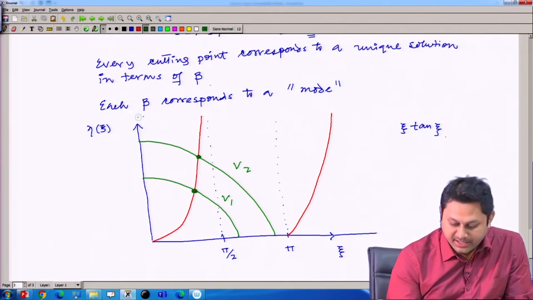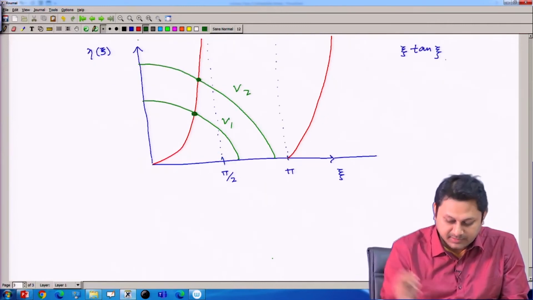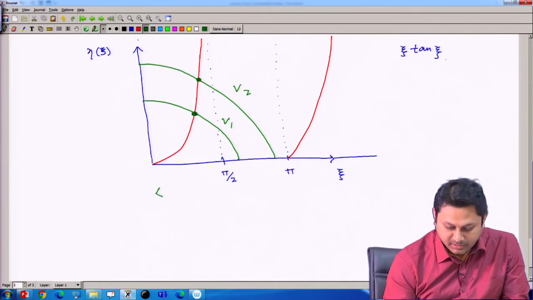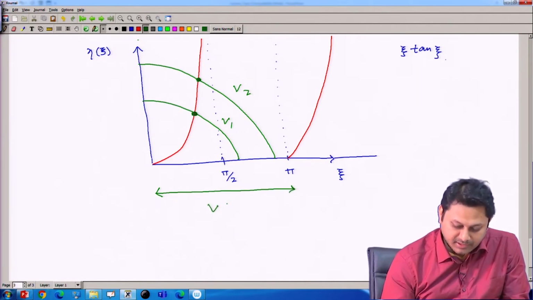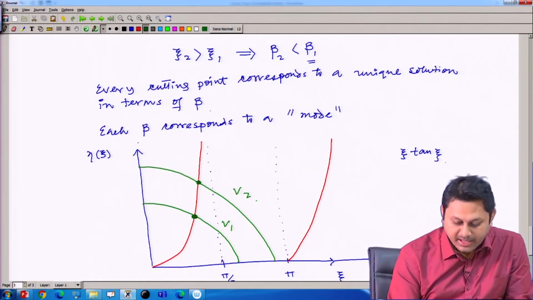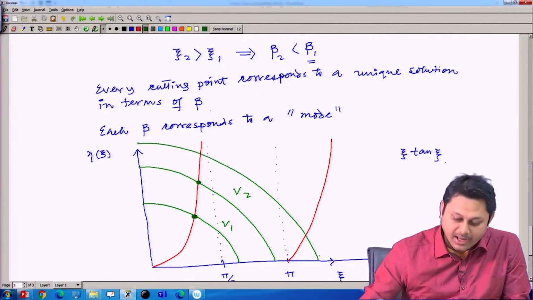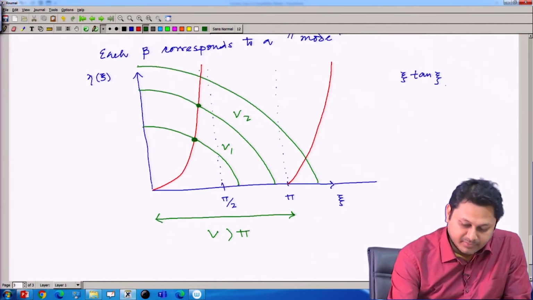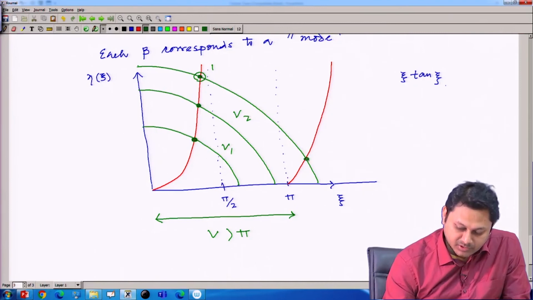But if I increase the value, according to this plot, this is the radius. So, if this is pi, and v is greater than pi, then I can have a circle like this, and now I should have two cutting points. This is one solution, and another solution is also here.